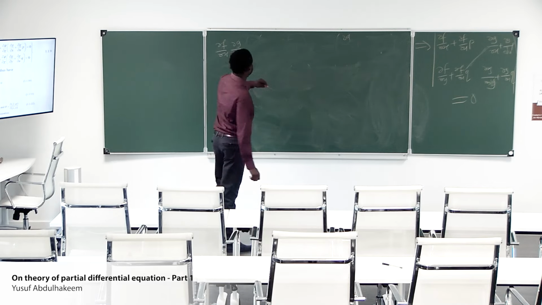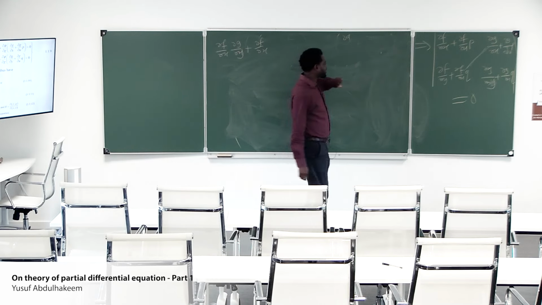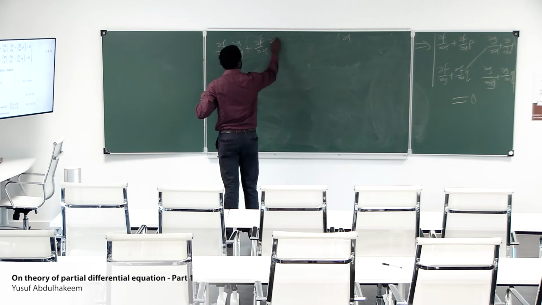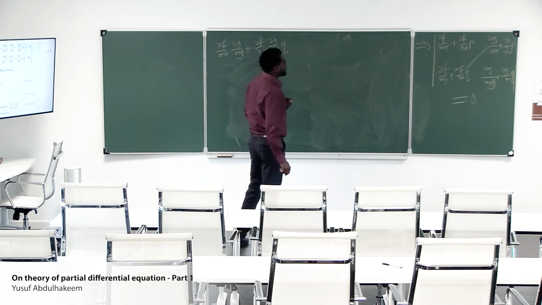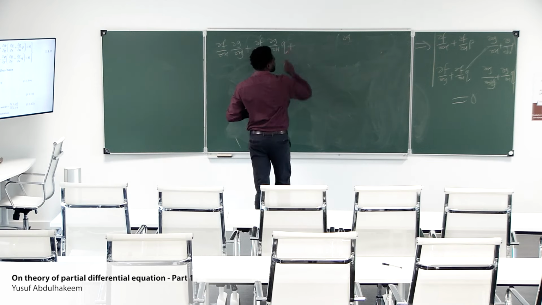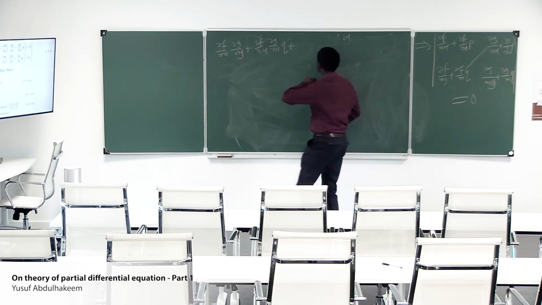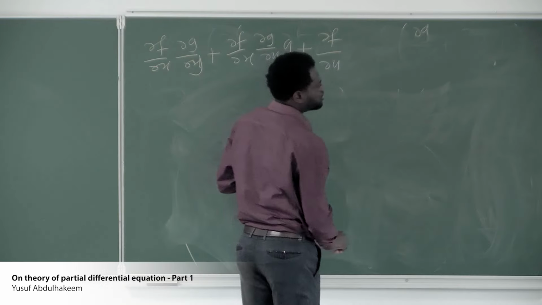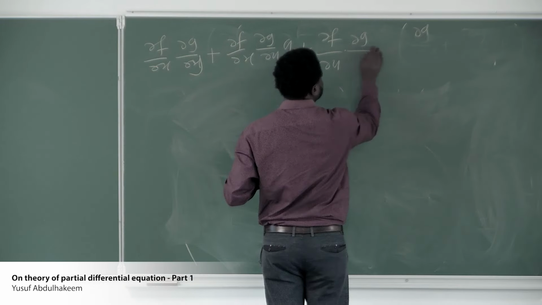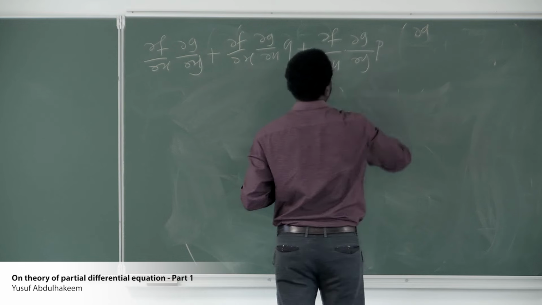Then this multiplied by this again, we are going to have plus ∂f/∂x multiplied by that, we are going to have ∂g/∂u multiplied by q. Then plus this multiplied by the whole of this, that will give us ∂f/∂u dot ∂g/∂y multiplied by p.